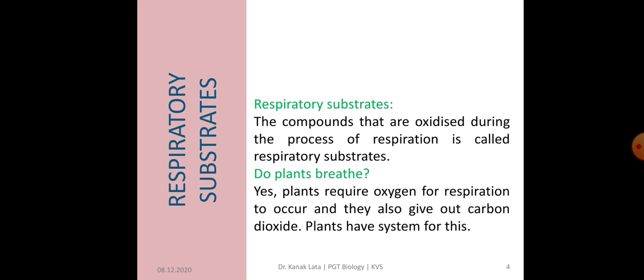So the compounds that are oxidized during the process of respiration are called respiratory substrates. Under natural conditions, only carbohydrates are oxidized. So, carbohydrates are the major respiratory substrates in plants. But there are also other respiratory substrates like fats, organic acids, proteins, etc.